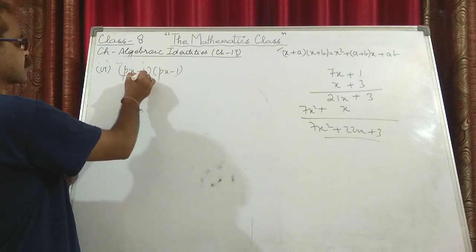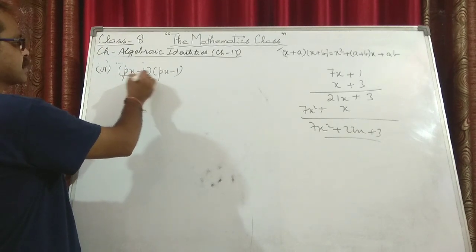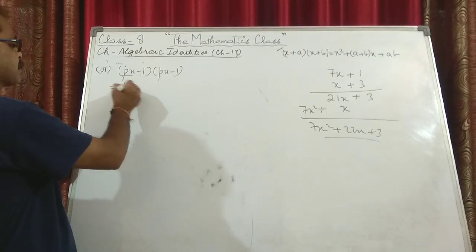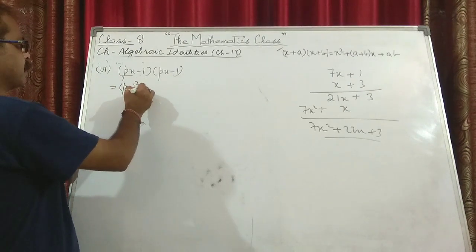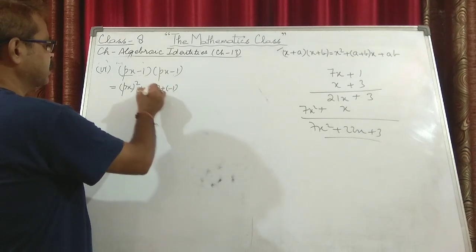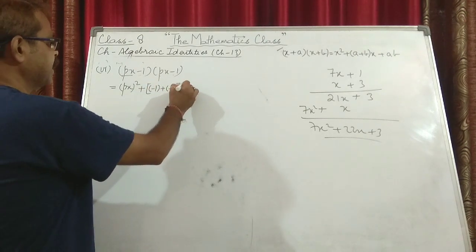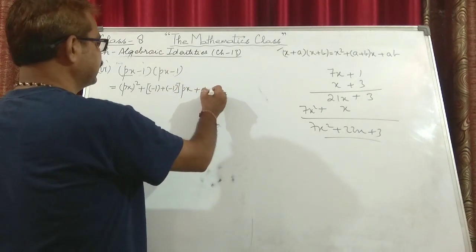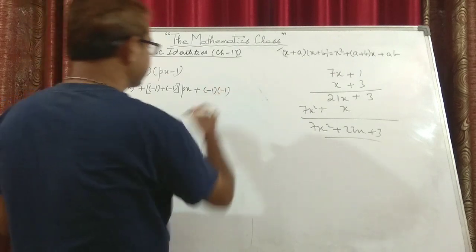Again you can see the (x + a)(x + b) form, or this can be written as the square of the first term, plus (−1 plus −1), a plus b, times x, where x is px, and plus ab, where a is −1 and b is again −1.